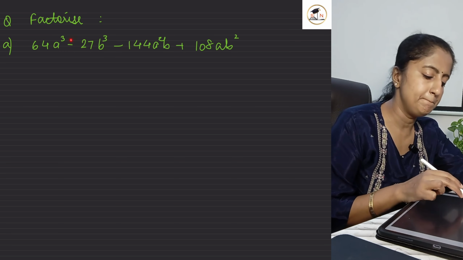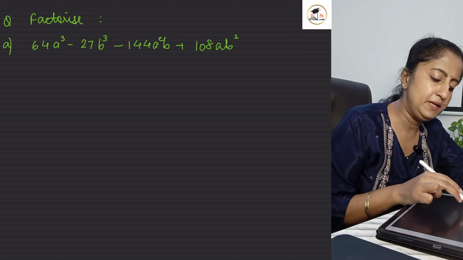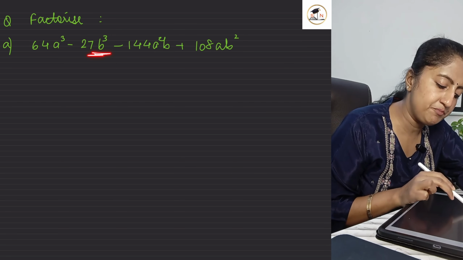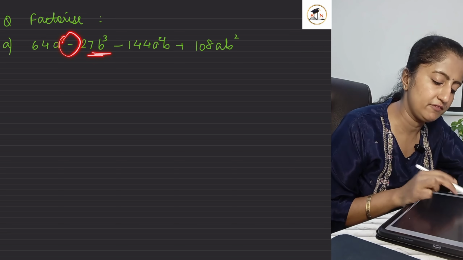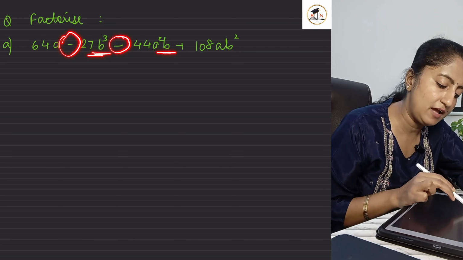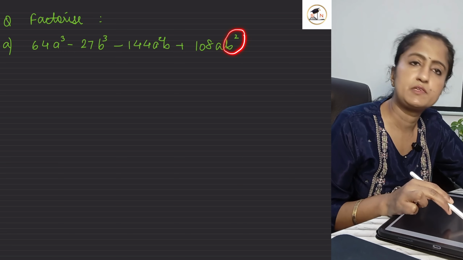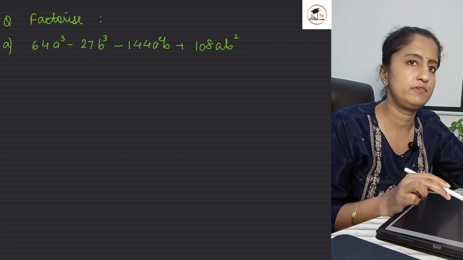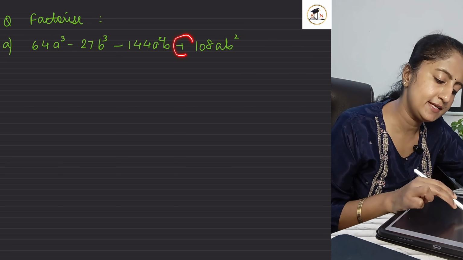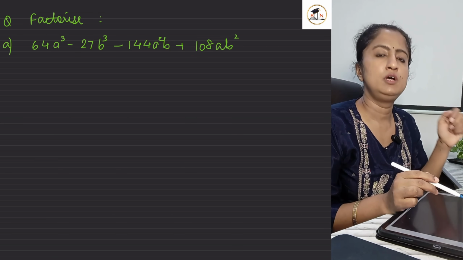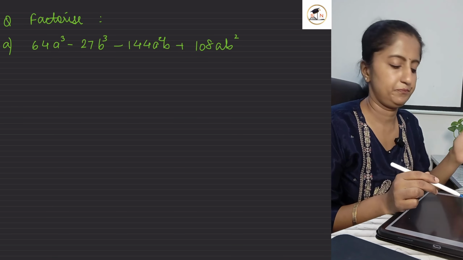Negatives with b, where b is in odd power. Look over here. We have b cube, so we have negative. We have b, so we have negative. Now, the last term was b square. So when you do a square of a negative, it is not going to be negative. Hence, it is positive, right? So many ways to recognize the identity.